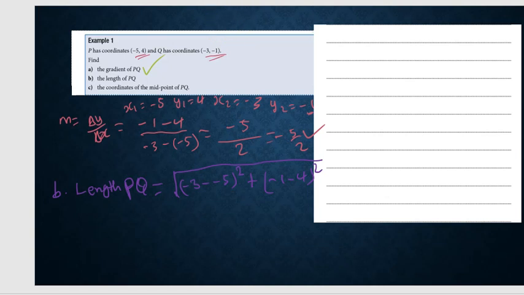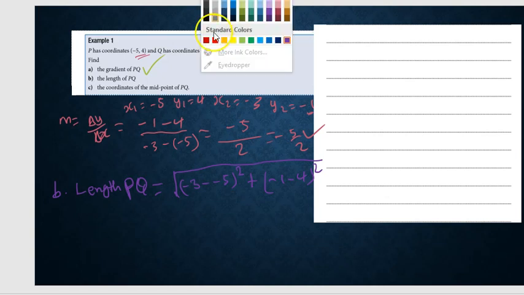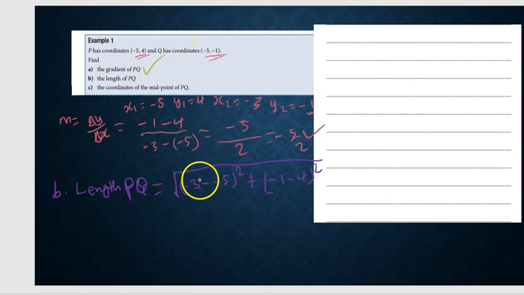So what we are going to get, if we have negative 3 minus negative 5, that will be positive 2. So we take positive 2 squared, plus negative 1 minus 4 gives us negative 5, so it is negative 5 squared.